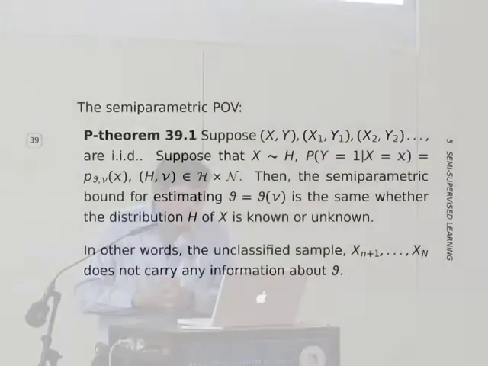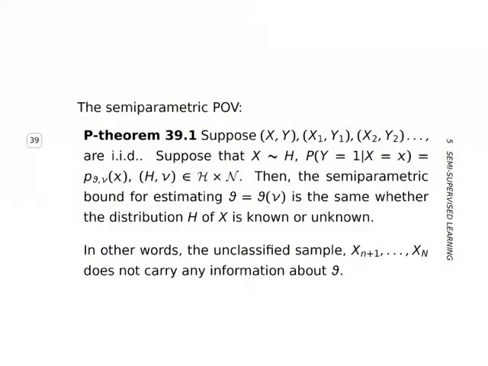The semi-parametric point of view, which is where I started, says something completely different. Suppose that we have pairs (x, y) which are i.i.d. Suppose we have some semi-parametric model, x is distributed h. Here there is a small typo.